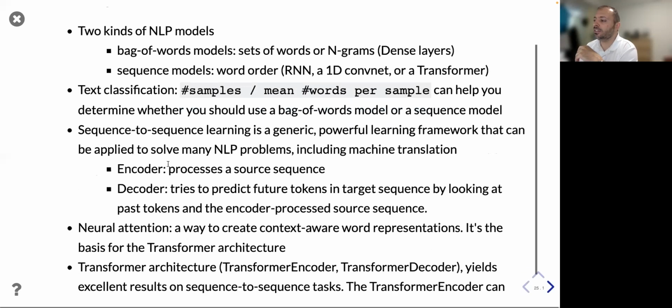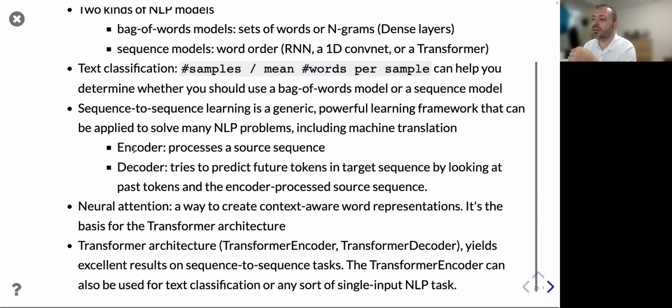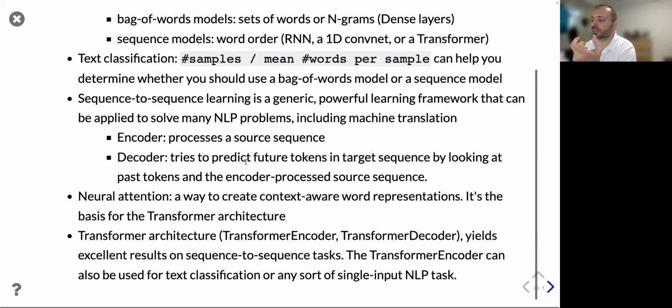Sequence-to-sequence learning is a generic and powerful learning framework that can be applied to solve many, not only NLP problems, but many more. So including machine translation, that, like we saw before, we have the encoder, which processes the source sequence, again, the decoder that tries to predict the future token, given the previous ones.